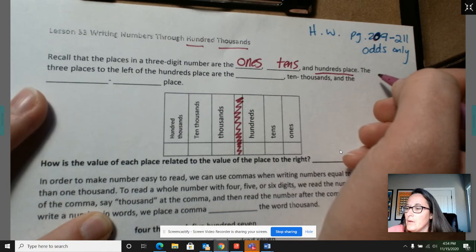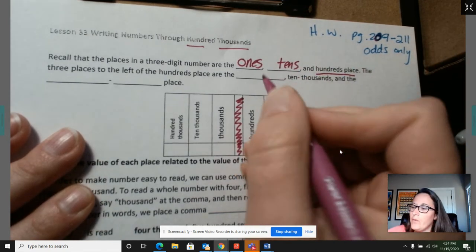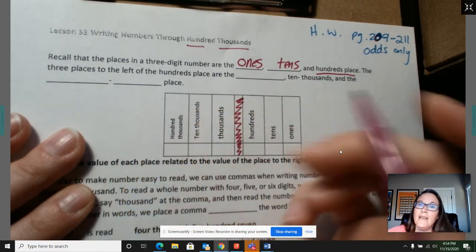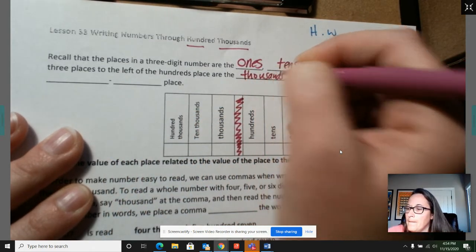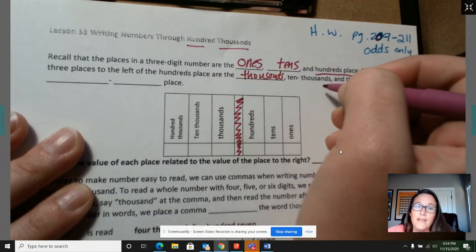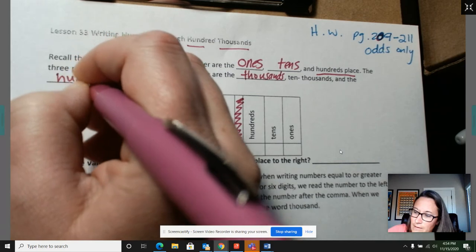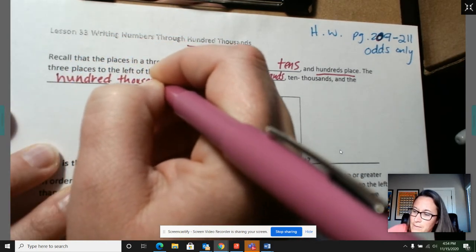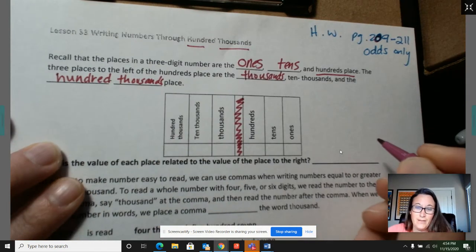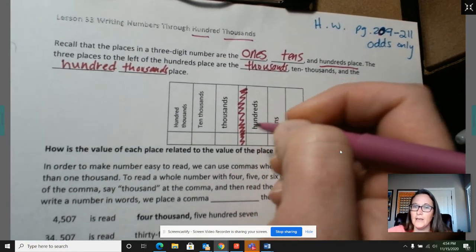So the three places to the left of the hundreds place, if we're going over to the next place, you would have our thousands, then 10,000s, and then 100,000s place.